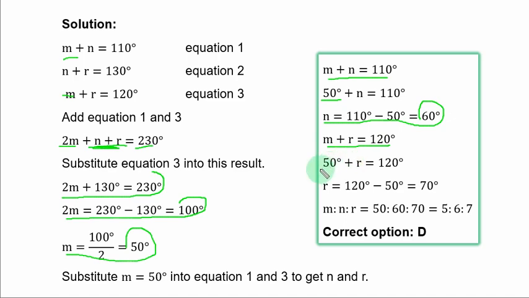You replace M with 50 degrees plus arrow equal to 120 degrees. Arrow is therefore 120 degrees minus 50 degrees, and that is 70 degrees. So you have M ratio N ratio arrow is equal to 50 ratio 60 ratio 70. Divide through by 10. You have 5 ratio 6 ratio 7. D is the correct option.